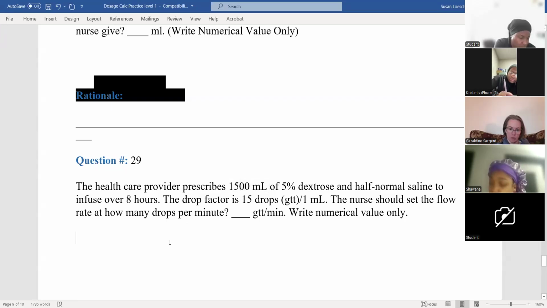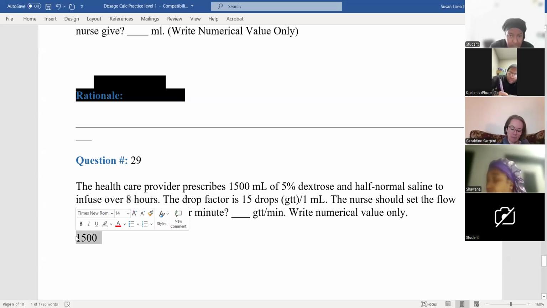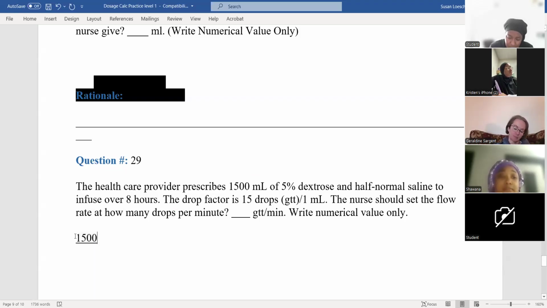So we have 1,500 mLs, and our time is in hours. So we have to convert. How do we convert 8 hours into minutes? 8 times 60, which is what? 480.